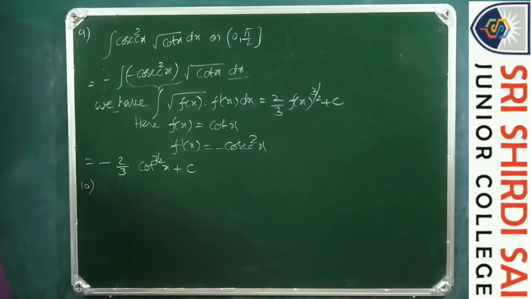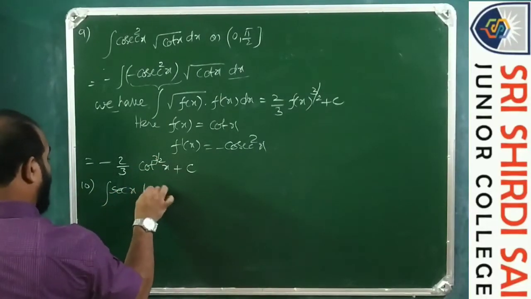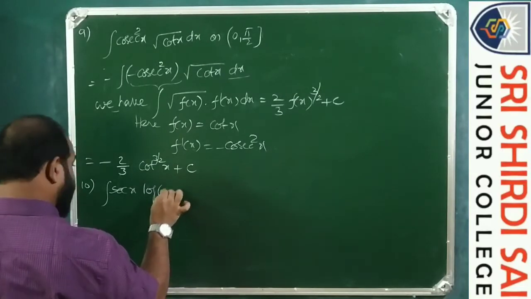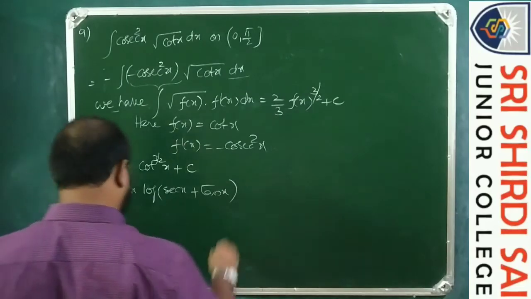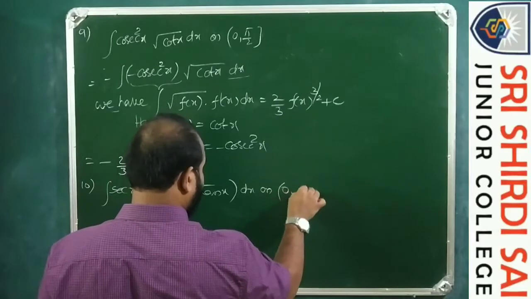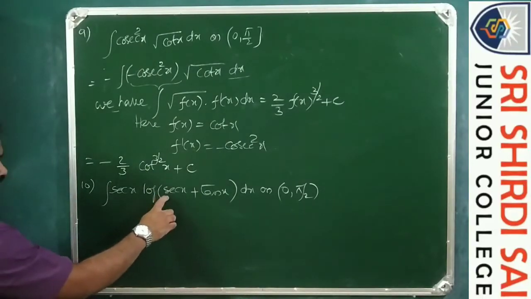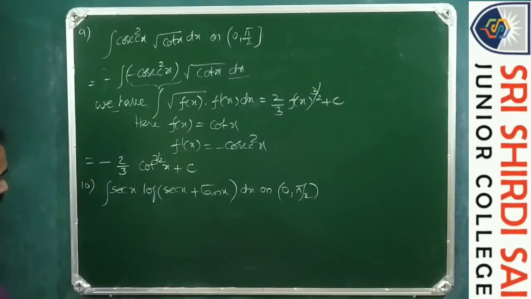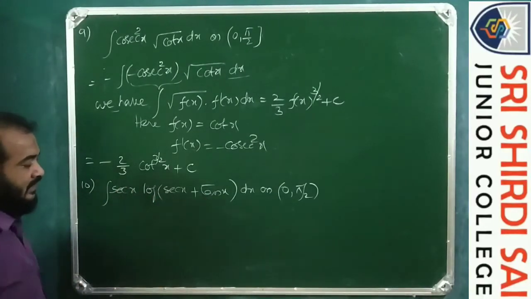Now this is equal to integral of secant x into log of secant x plus tan x dx from 0 to pi by 2. Now, secant x derivative is secant x tan x, and tan x derivative is secant square x.